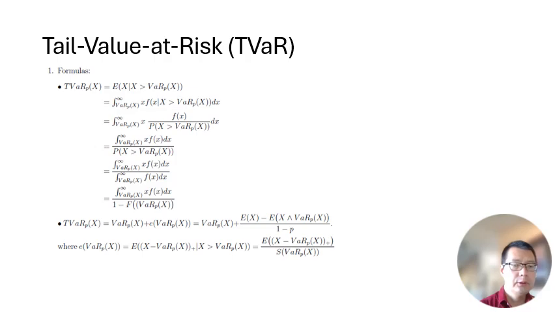First, the denominator is 1 minus this, which is just the probability of x greater than VAR p, and the numerator is just the integral of x using the f x probability density function. And further, we can deduce it to be this.